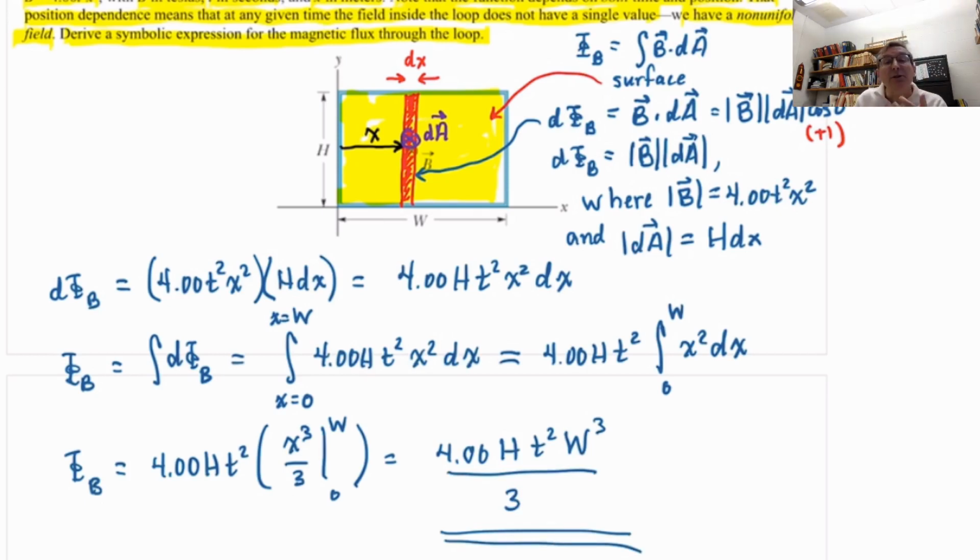And it depends on h, and it depends on w cubed, but it also depends on time, because the magnetic field did. So what we have here, by the way, is a magnetic flux through a loop that is changing with time.